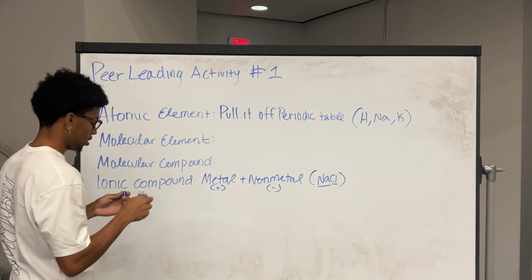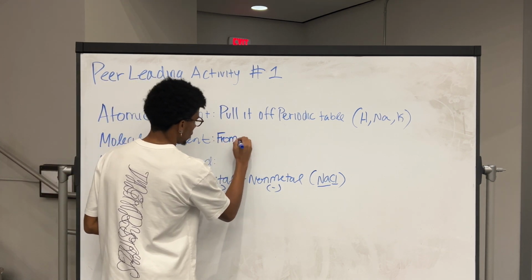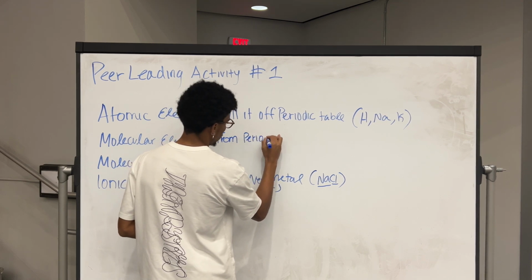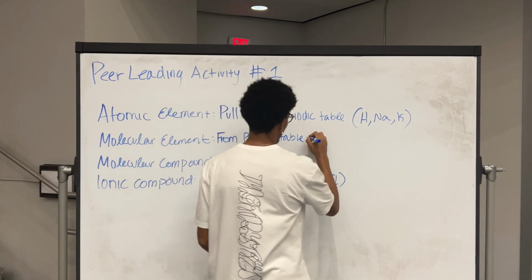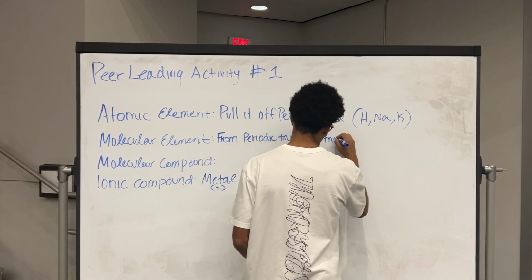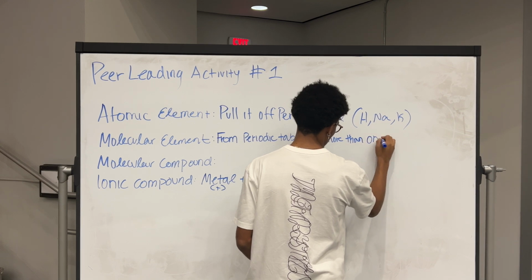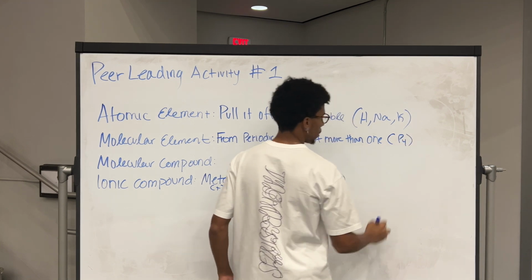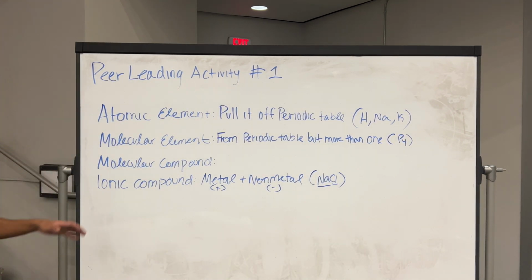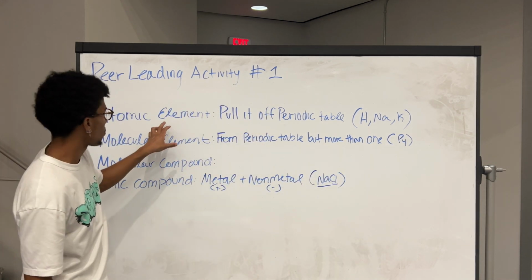And so, again, from the periodic table, but there's more than one. So an example of this would be phosphorus, P4, okay? Phosphorus is straight from the periodic table, but there isn't just one, there's multiple, and that's what separates it from atomic element.